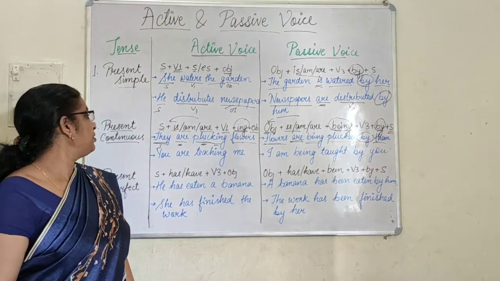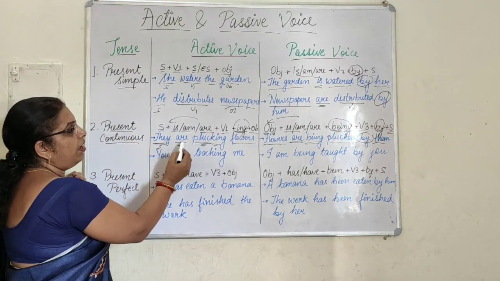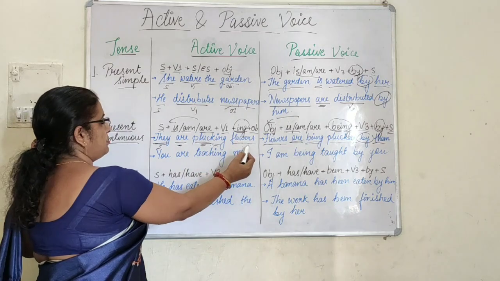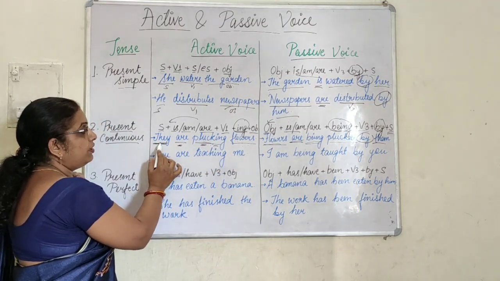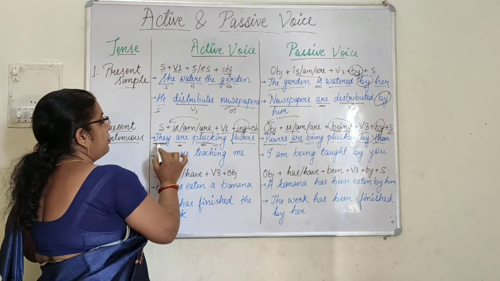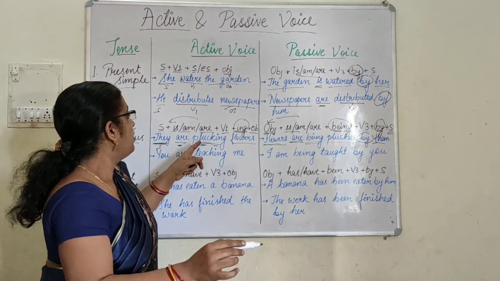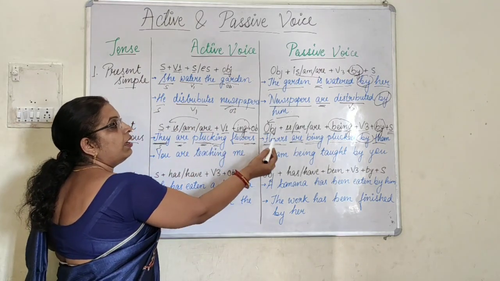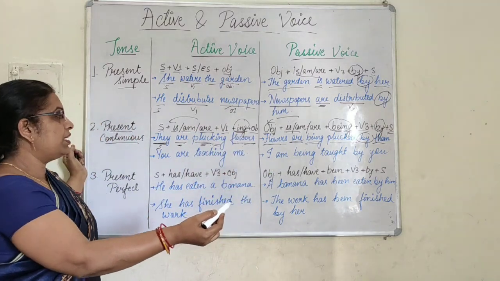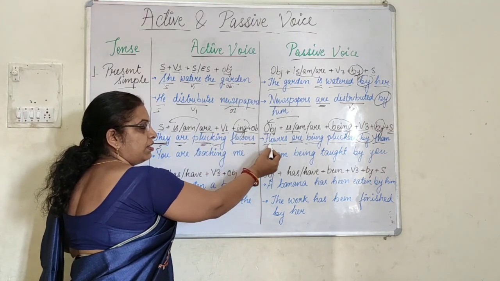Now we will see examples of the present continuous tense. They are plucking flowers. "They" is plural, so "they are" is used. This is subject, helping verb, verb V1 plus ing, and flowers. It is changed into passive voice. You have to write flowers first. It is the object.